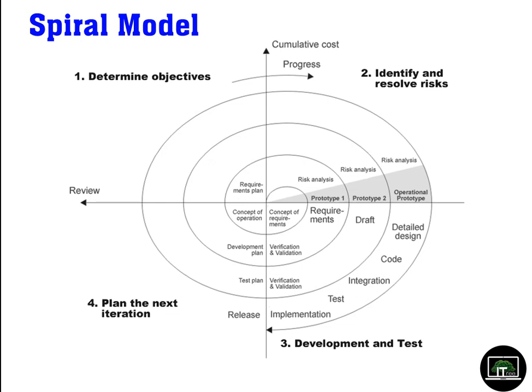The basic idea here is to analyze and resolve the risk. So here we do the risk analysis and we solve the risk. That's the advantage of this. This is also some kind of iterative model, some kind of cyclic model. We go through 4 steps: determine the objectives, identify and resolve the risk, development and testing, and then plan the next iteration.